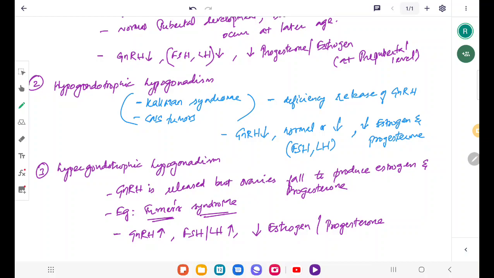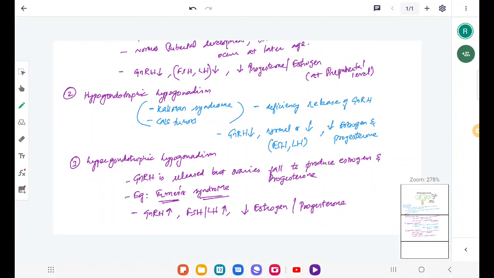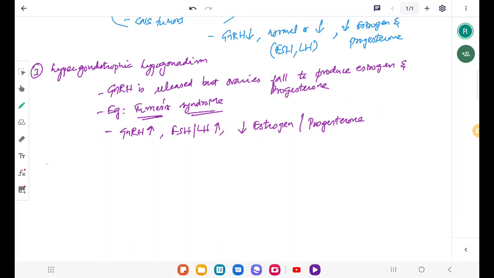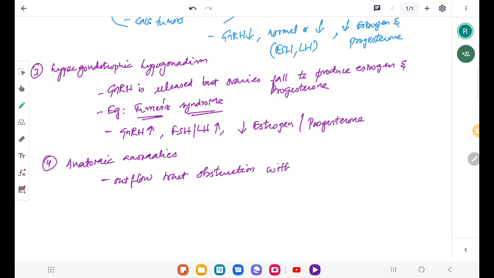Alright, and coming to the next etiology of primary amenorrhea, we also have anatomic anomalies. In this condition, there could be outflow tract obstruction. However, the puberty will be normal.